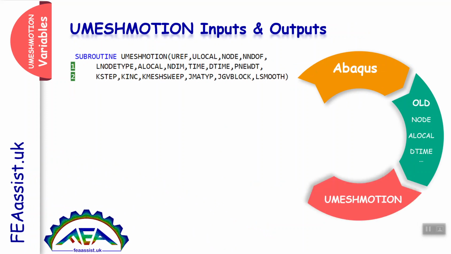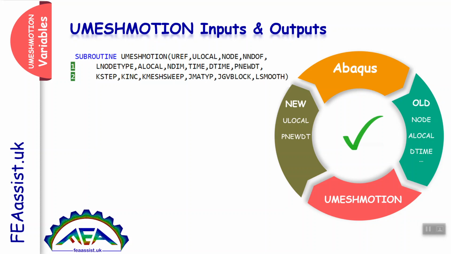We need to get these variables, process them in UMeshMotion, compute the displacement or velocity of the nodes in X, Y, and Z direction, and return these variables to Abaqus. Abaqus uses these variables again to recompute the nodes' positions and all the necessary variables. This is how Abaqus and UMeshMotion interact with each other, which is necessary to understand well to write a well-working UMeshMotion subroutine.